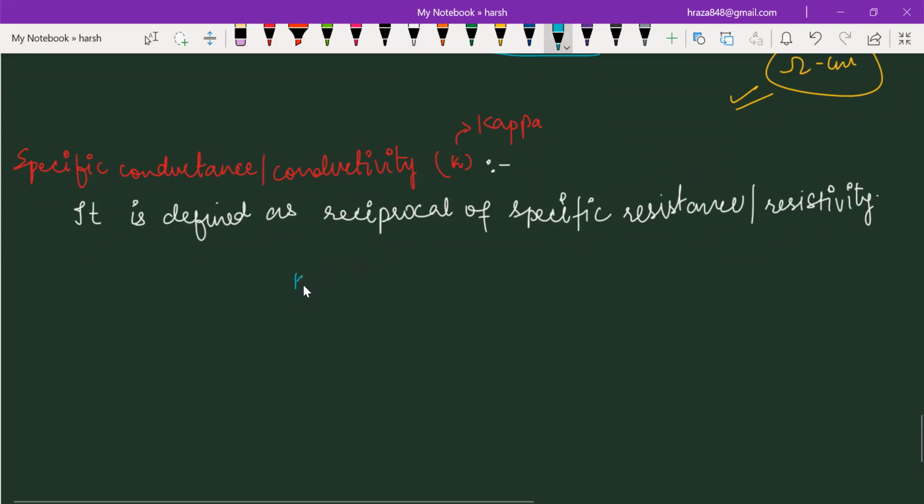So we have a formula: kappa is equal to 1 upon rho, that is 1 by rho. So can you please tell me the unit of kappa? Please write.